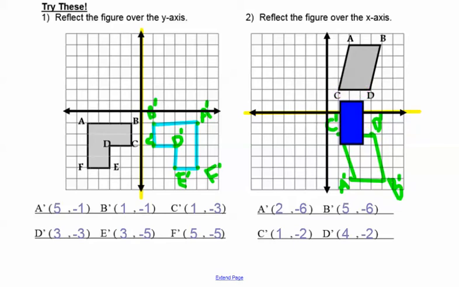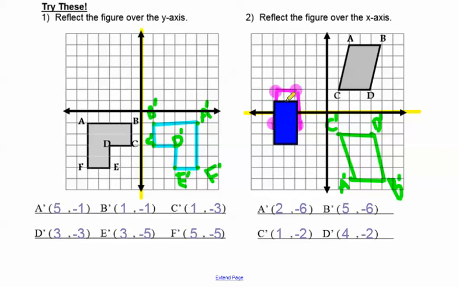I should have actually done this over here so you guys could have seen better. Let's do it over here. So again, this one was 1 away. It would go right there, 1 away. This guy is 2 away, so on the other side, 2 away, and then 2 away. And then when I go to connect the dots, this is what it would look like.